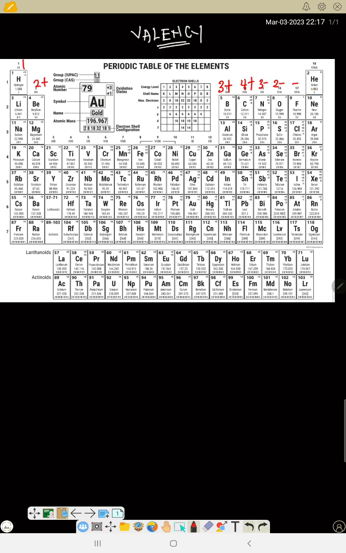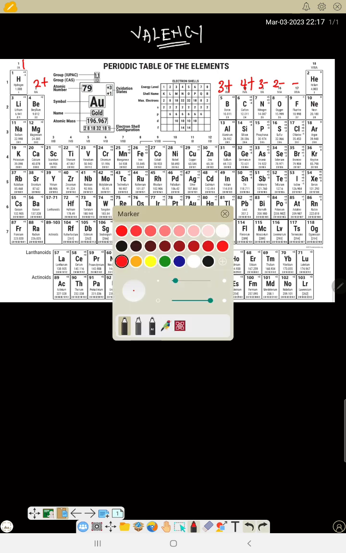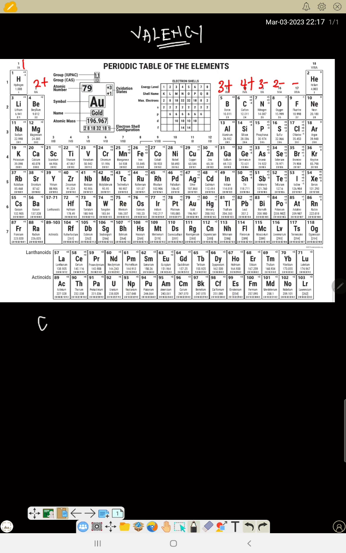That is, they are chargeless, they are noble gases. But we are not doing those now. Just know that from group 1 to 4 are metals for naming sake.